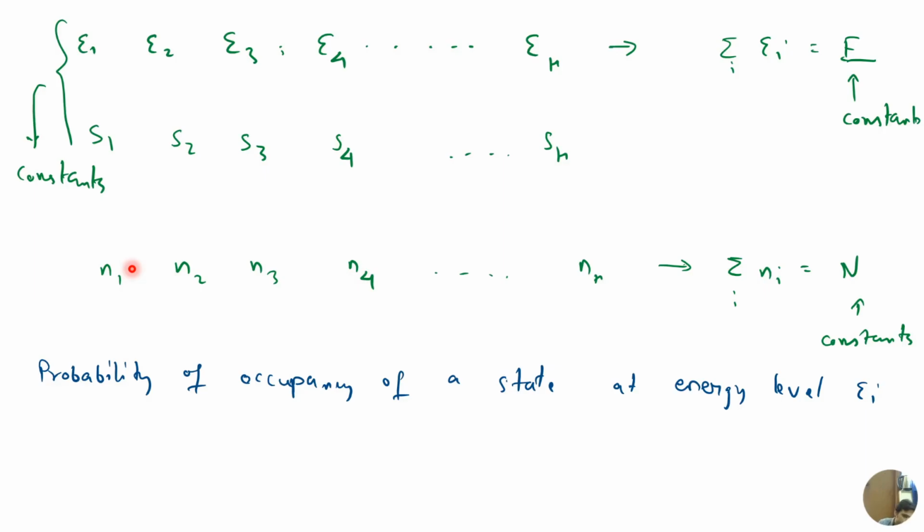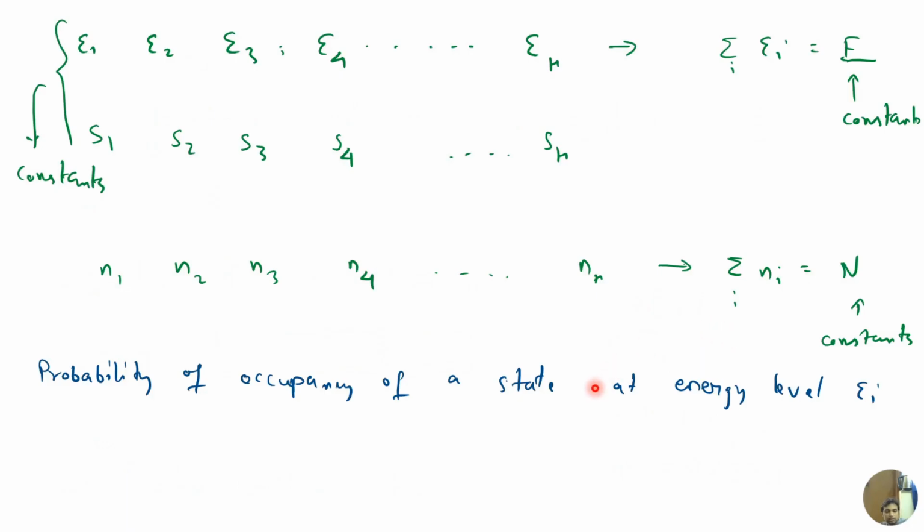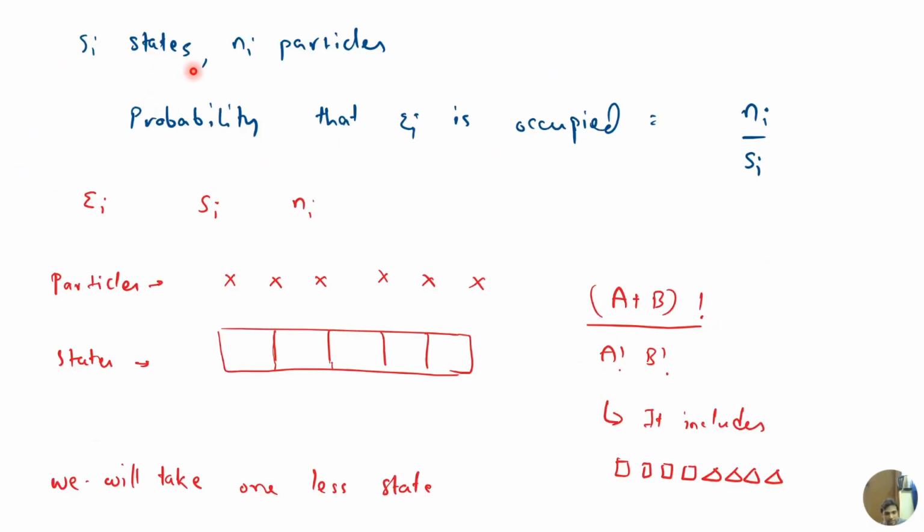Now the probability of occupancy of a state at energy level Ei is given by Ni over Si. So if you have Si states and Ni particles, then what is the probability that Ei is occupied? It is simply Ni over Si. Now we want to find how that can be possible.